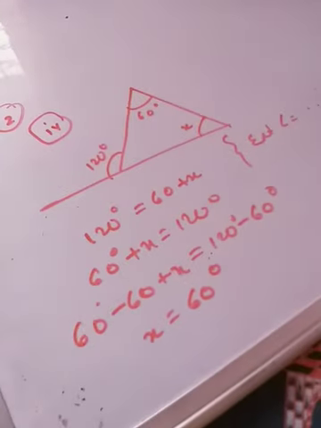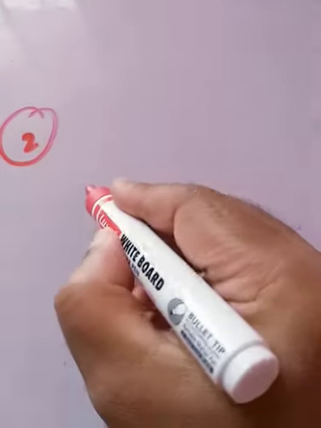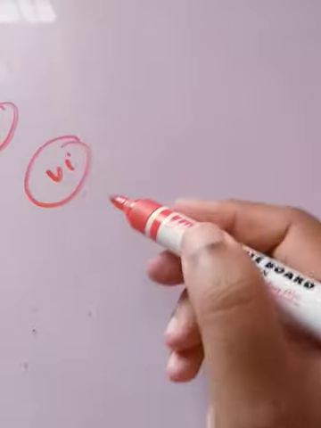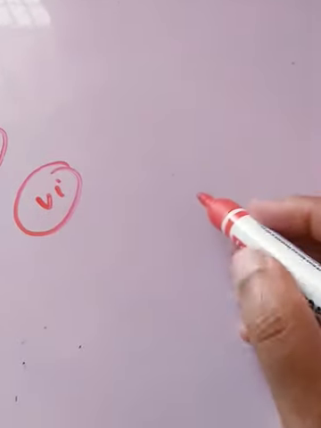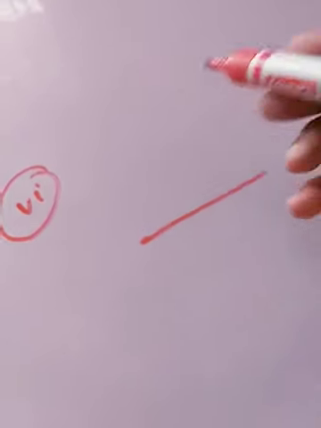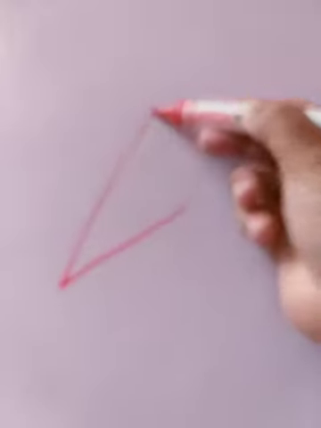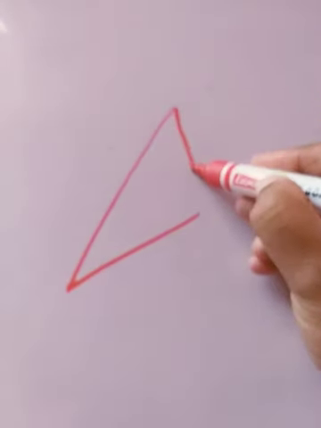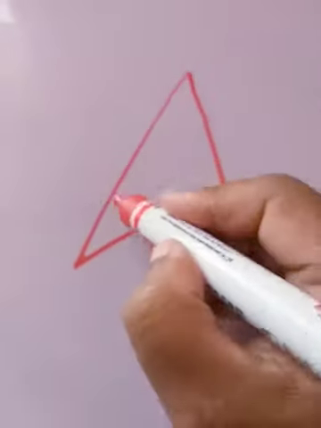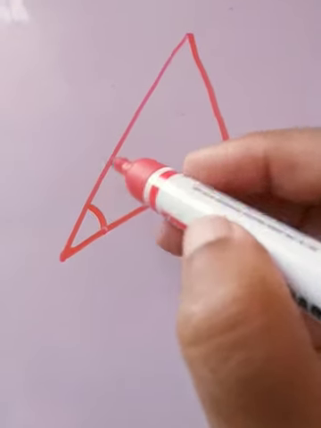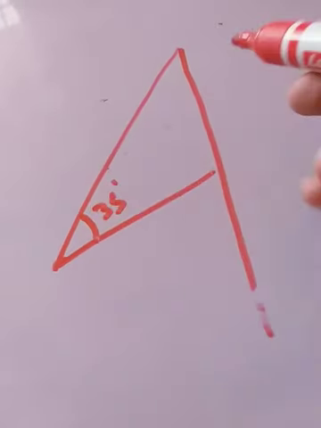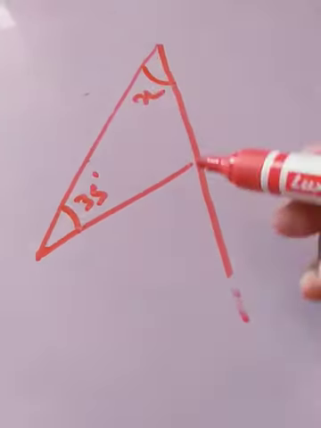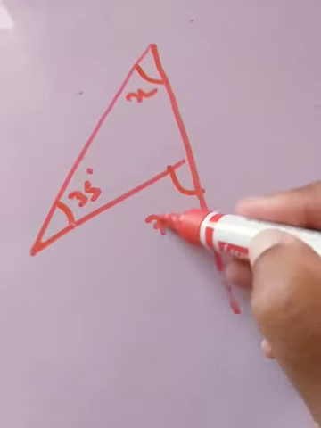Let's do sum number 6. I believe that everyone is finding this sum very easy. Now sum number 6, the figure is like this. This is 35 degrees, this is x, and this is 75 degrees.